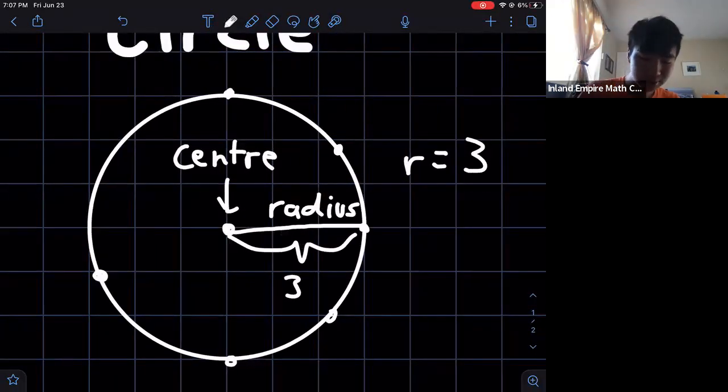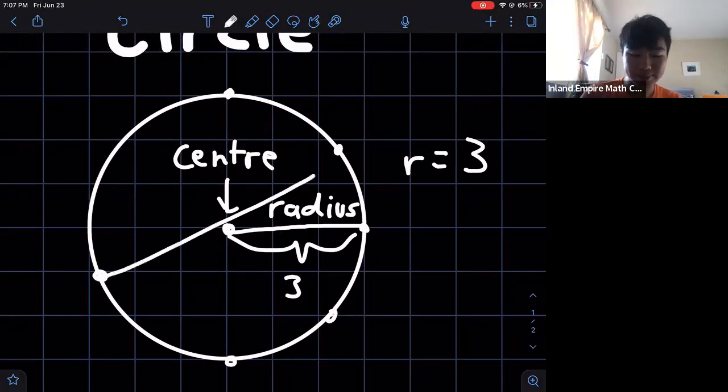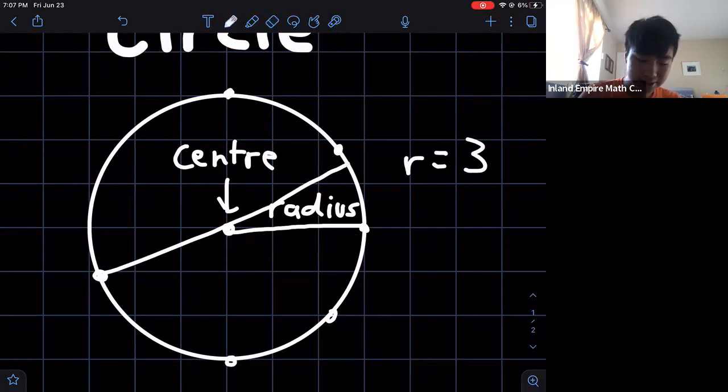Now, the diameter, or double the radius, is basically the distance from one end to the opposite end, passing through the center like this. This distance is called the diameter.